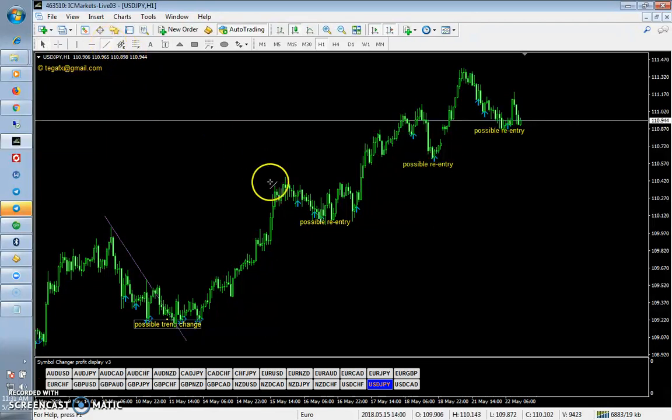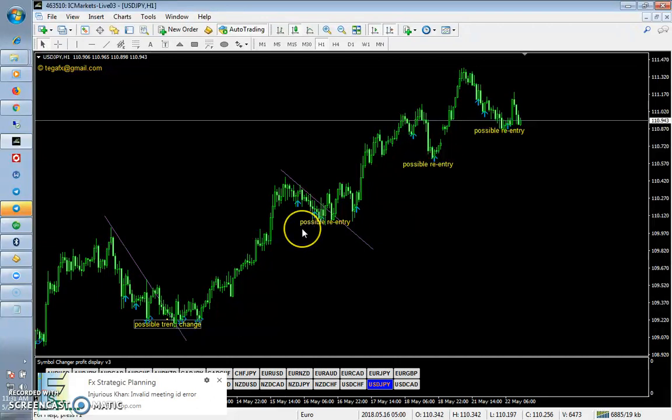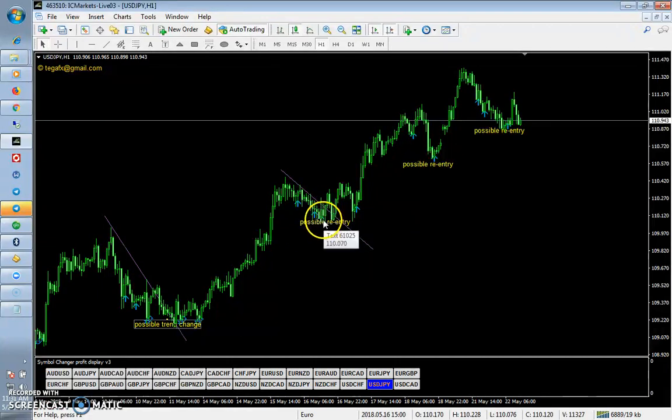I don't just enter, I draw a trend line and wait for a break. You can see the trend still continues down, even though the arrow was given, another arrow was given again to re-alert me. You might not get this arrow again, you might get it. So here there was a break, and eventually it came back to retest it, so I can enter here.